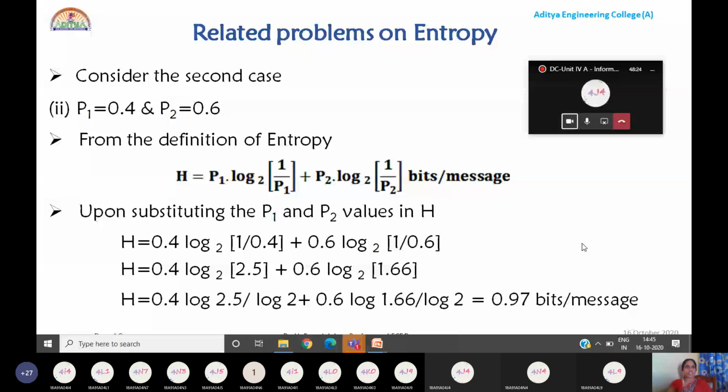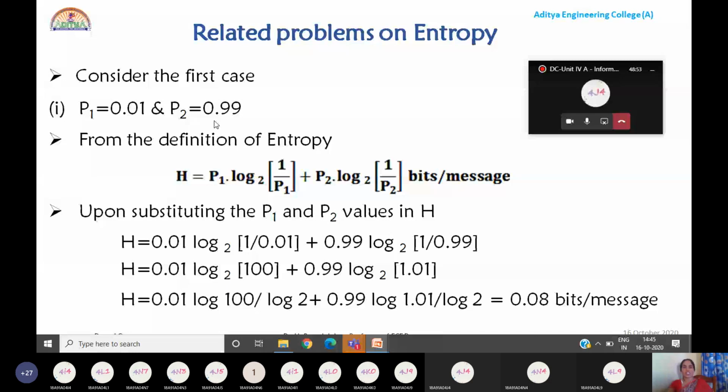Please observe the first case. In the first case, you obtained the entropy nearer to 0. This is 0.08. This is because this event consists of two messages, but the second message probability is approximately equal to 1, and the first probability is almost 0, that is 0.01, and the second probability is 0.99.